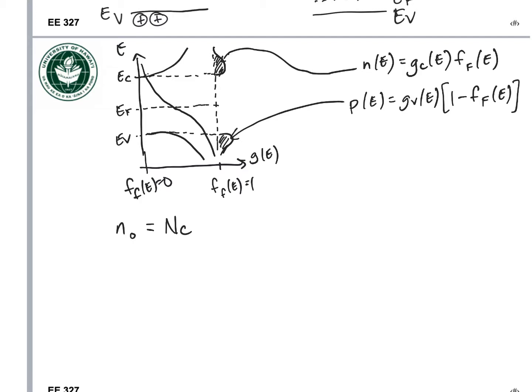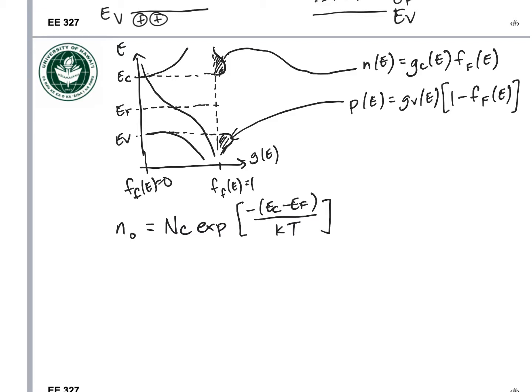If you wanted to calculate this constant, you can plug in the different values from the density of states and the Fermi-Dirac probability function. But this is something that is material dependent, so once you're working with a particular semiconductor, you just use the same constant over and over again. And then an exponential term that contains energy levels and the temperature. Okay, and this is going to be the thermal equilibrium electron concentration.